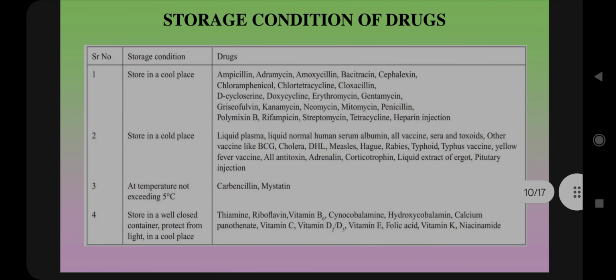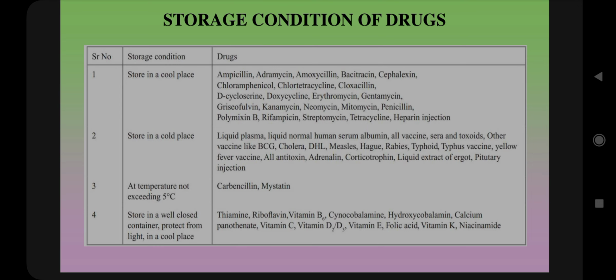Next is the storage condition of drugs. These are the different storage conditions which I have mentioned here. Store in a cool place, for example ampicillin. Store in a cold place, like all the vaccines and toxoids.